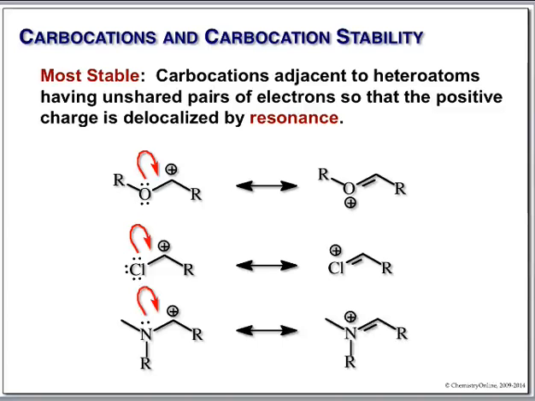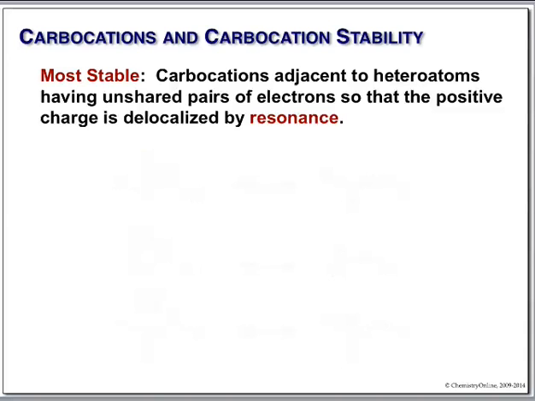So we have a very stable carbocation here. This exists mostly as the ammonium ion, but with positive character here. This exists mostly as the oxonium ion with carbocation character here. Chloronium ion, again, positive character next to it. So these are stable things.